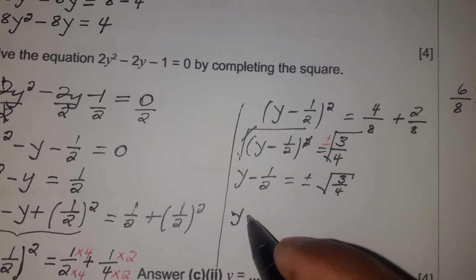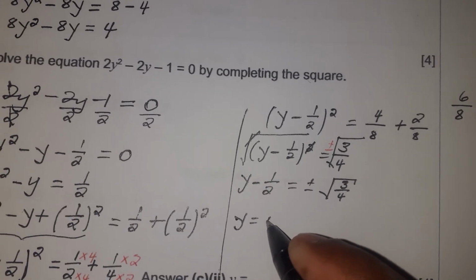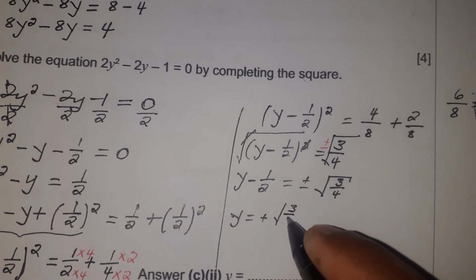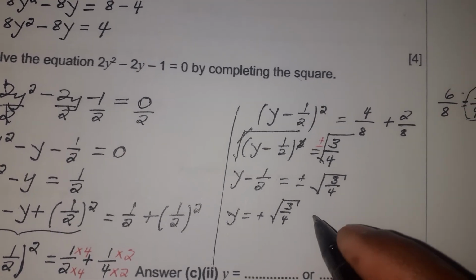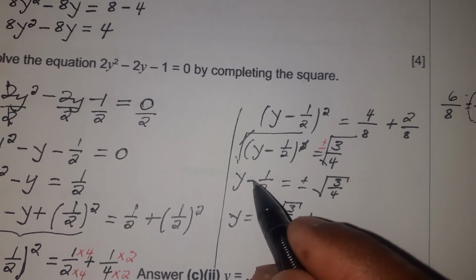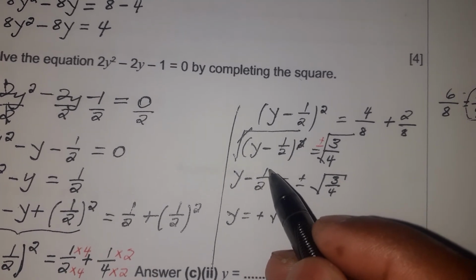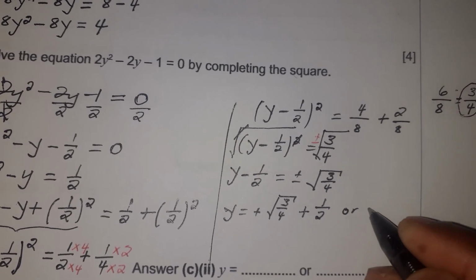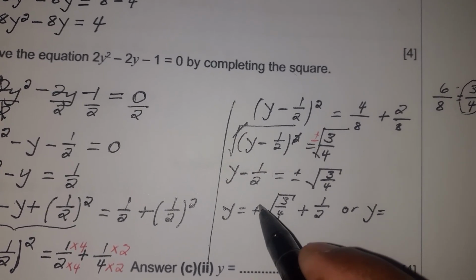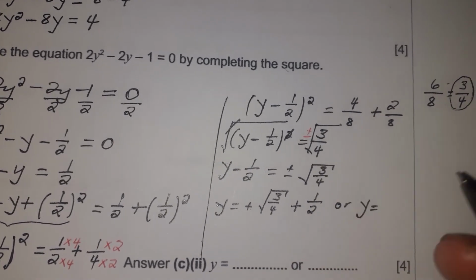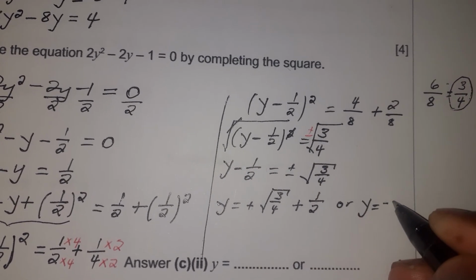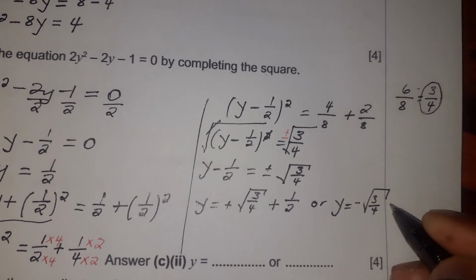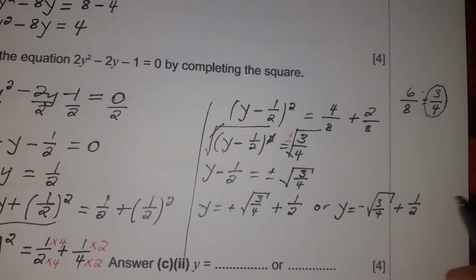Therefore y is equal to, we can write plus the square root of 3 over 4 plus, this side is negative, so we move this half to the other side to become positive, or y equals, this side we had positive, now we use the negative square root of 3 over 4 plus 1 over 2.